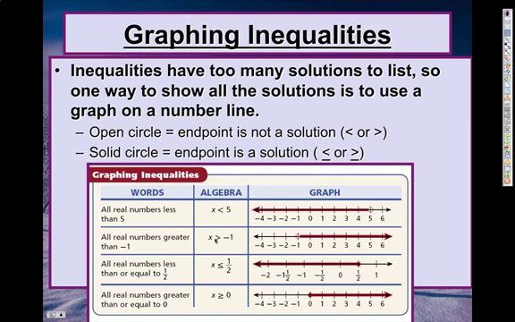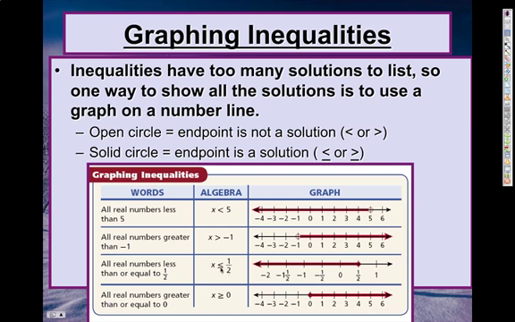Look at this one. x is greater than -1. So it's greater than, so the endpoint is not a solution, so it's an open circle on -1. And x is greater than that. So that's all the numbers bigger than -1. So we would draw the arrow to the right. Now, here's another example. x is less than or equal to 1/2.